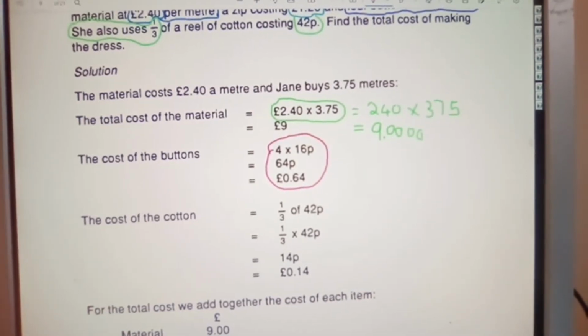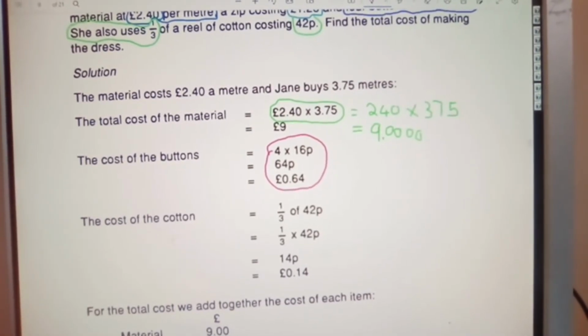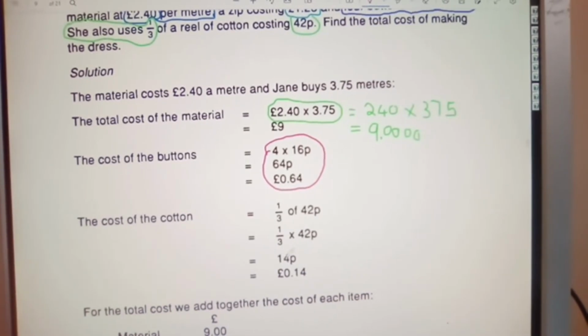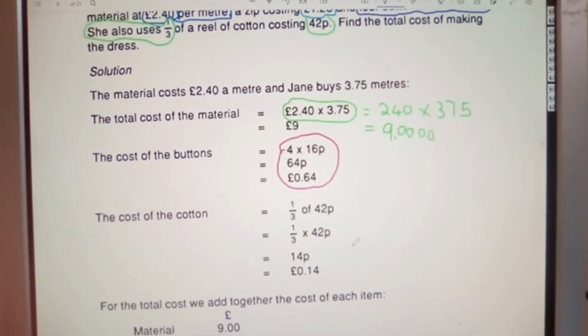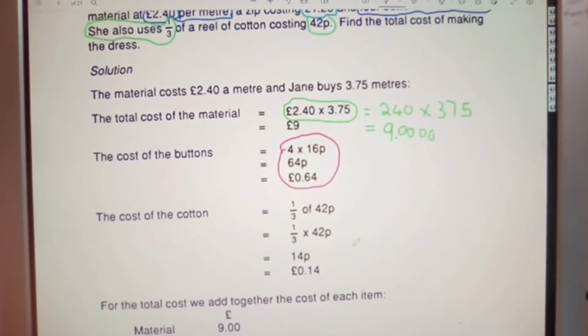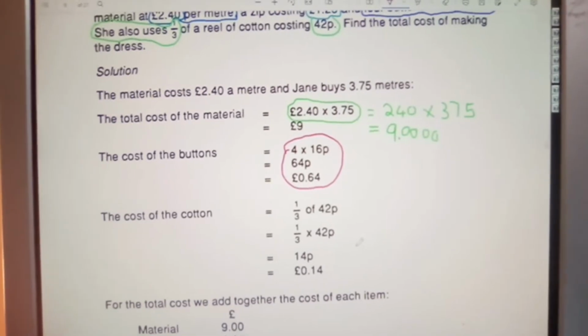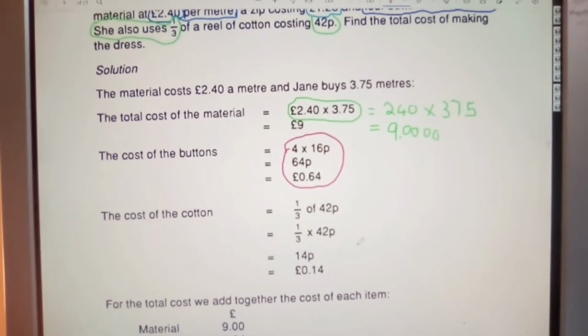That's one we've done. Now the cost of the cotton is 1/3 of 42. So 1/3 of 42, well, it's just a simple matter of dividing 42 by 3, isn't it?